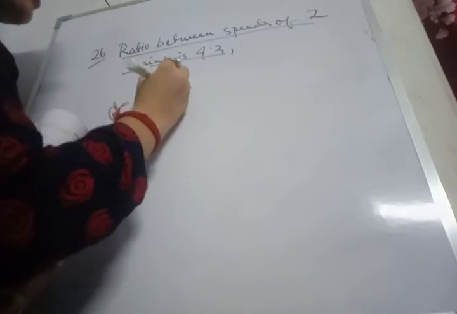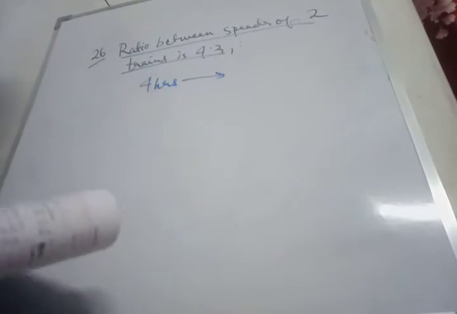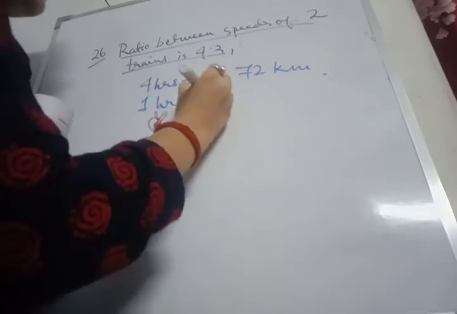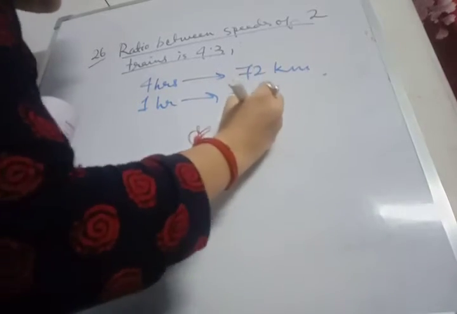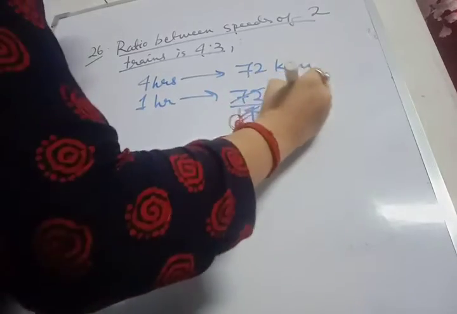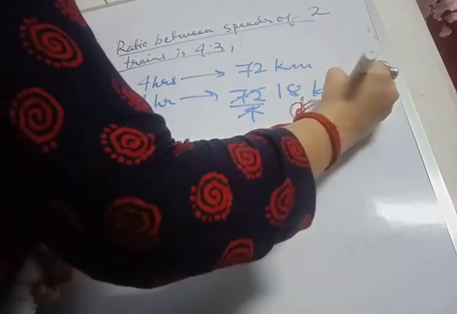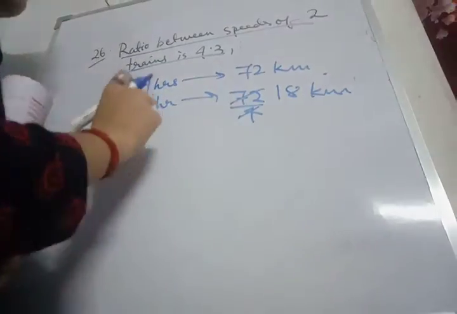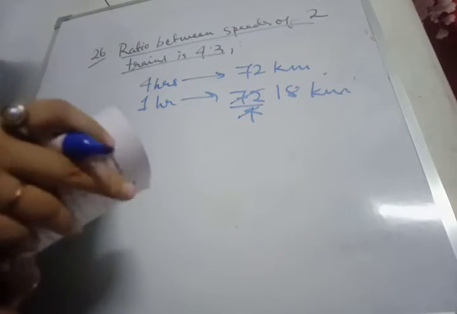In 4 hours it covers 72 kilometers. That means in 1 hour it covers how much? 72 by 4, that is unitary method. So 4 ones are 4, 4 eights are 32. So 18 kilometers per hour, right? It is the speed of my second train.